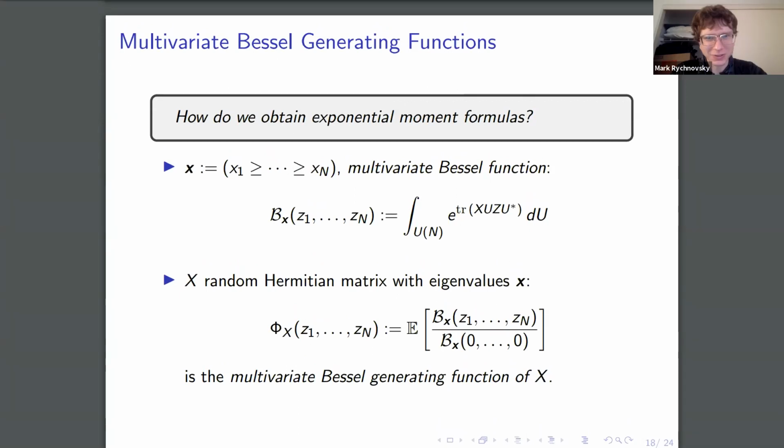Potentially quite a dumb question. The multivariate Bessel function ends up working really well with sums of unitarily invariant matrices, and it's written as an integral over u of some unitary conjugation of some function.